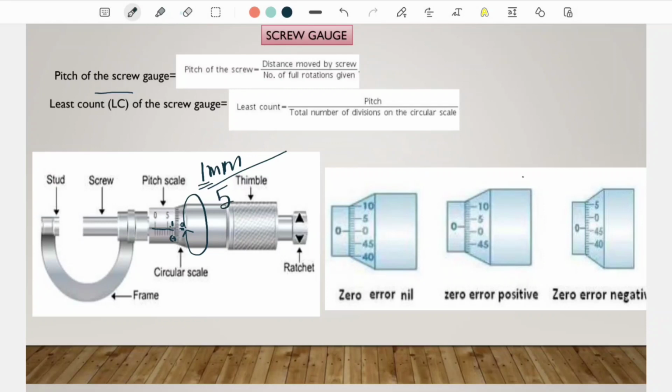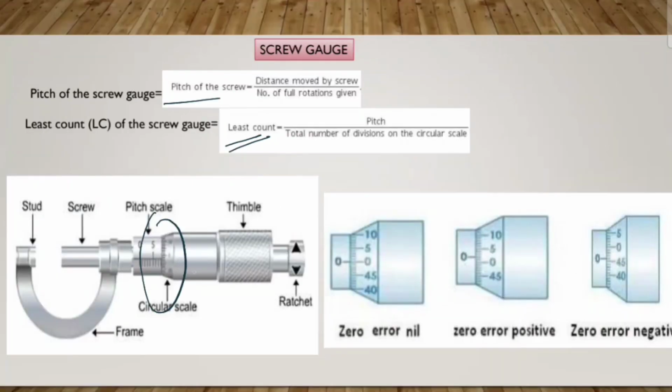And how to measure the size of the object that we have placed here: for that we will have to find out the least count. That is pitch divided by the total number of divisions in the circular scale. So our scale over here has a total of 50 divisions.